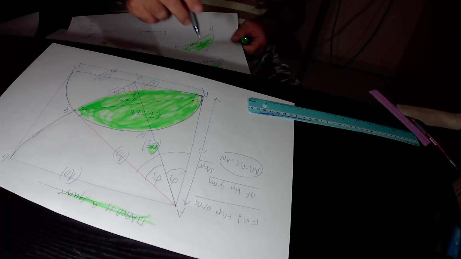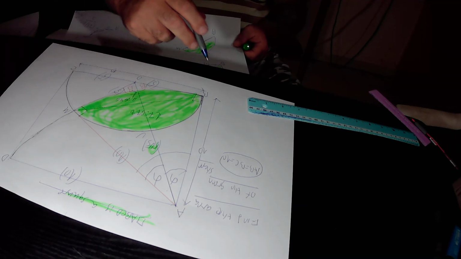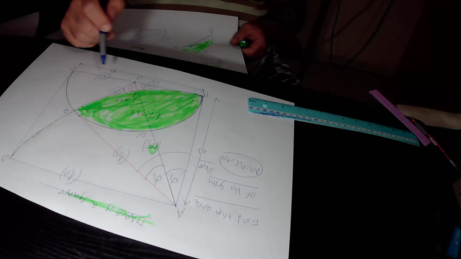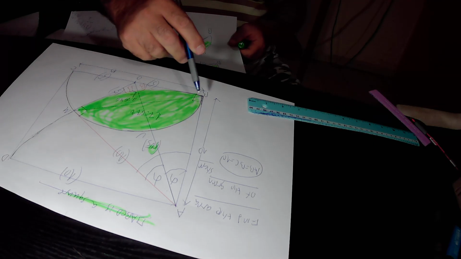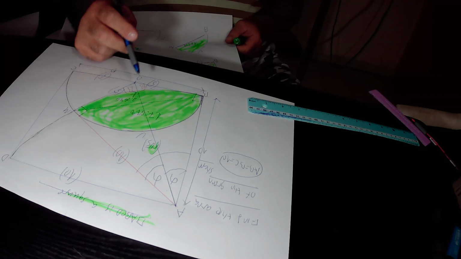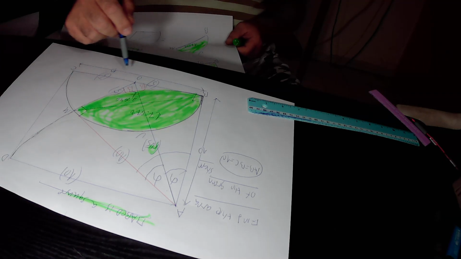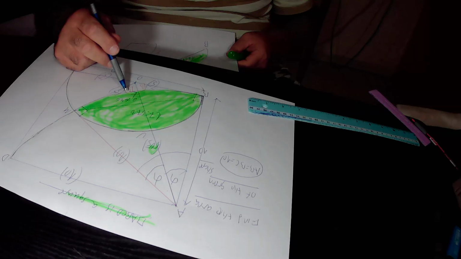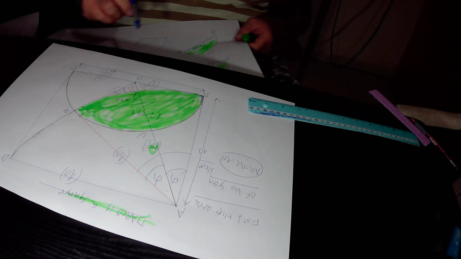Our task is to find the area of this green shape. The area of this green shape equals the area of the upper segment BOM, that is 17.678 square inches in size, plus the area of the lower segment BLM, that equals 6.3646 square inches in size.